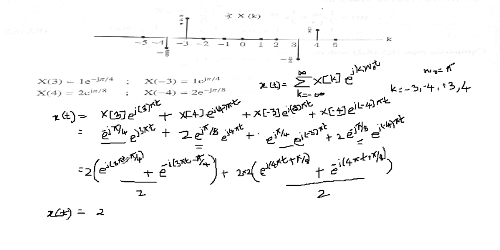cos of 3 pi t minus pi by 4, and it is minus 3 pi t minus pi by 4.